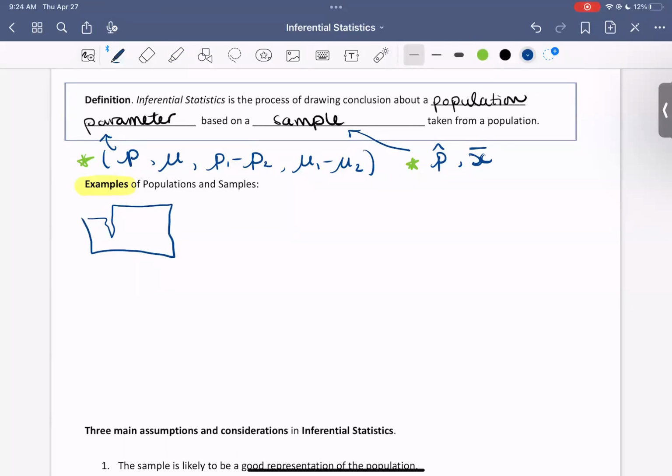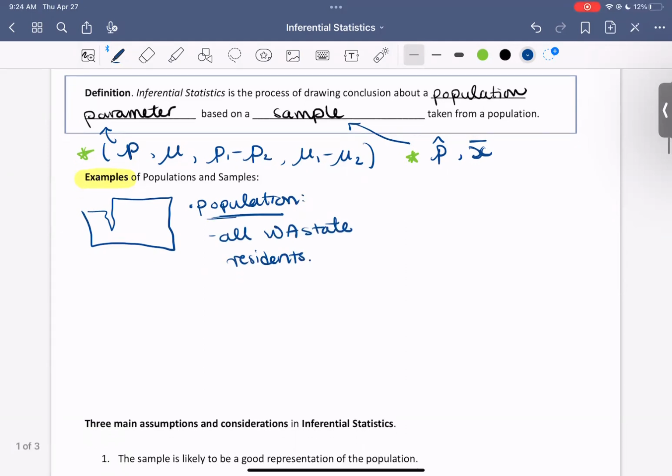So now let's recall some examples of populations and samples. One example of a population is all Washington state residents. Now, it would be almost impossible to collect data on everyone in that population.